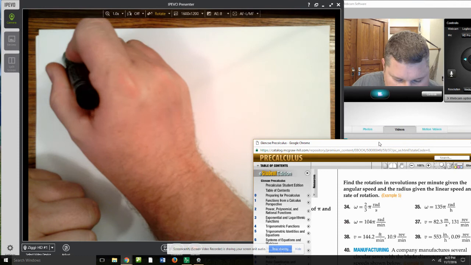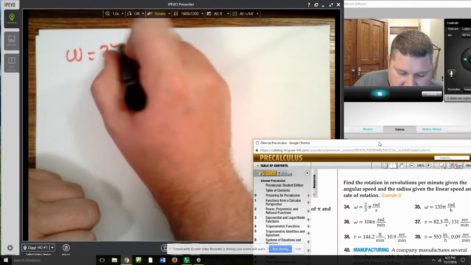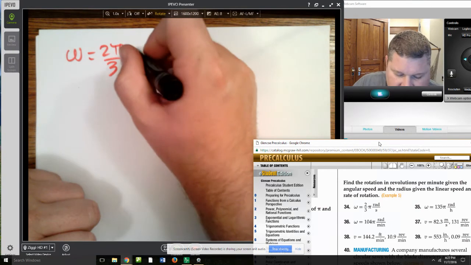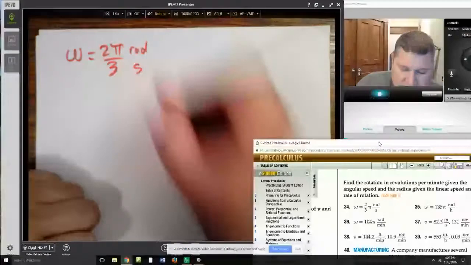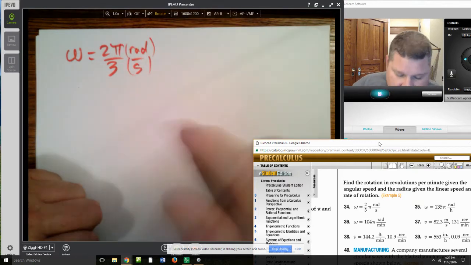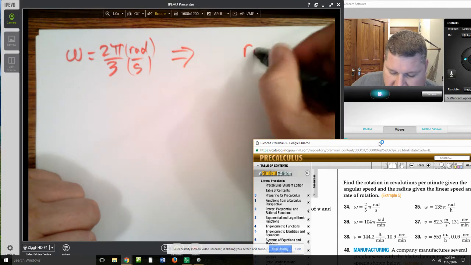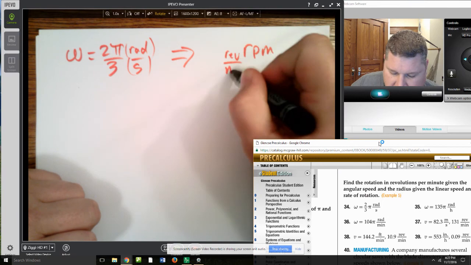34 is easy because omega equals 2 pi over 3, that's going to be in radians per second. Now, the key here is the units. The units have to match. So if we want to go to RPM, that's revolutions per minute.